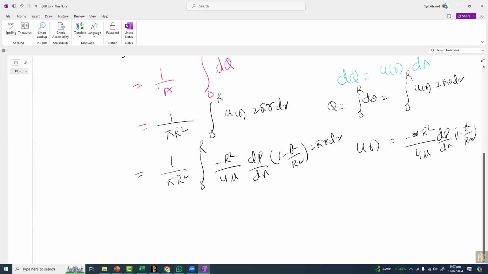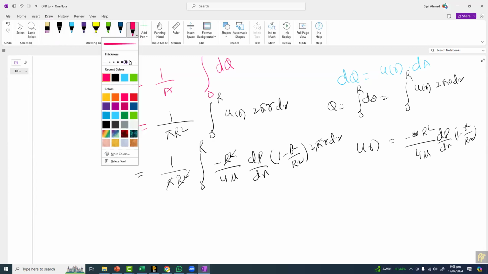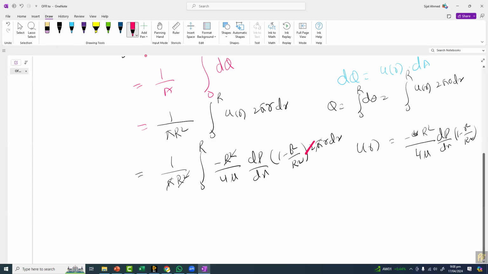Okay, so we can cancel out the R square from here and here. We can cancel out the pi from here and here. And we can cancel out the 2, and only one 2 will remain.